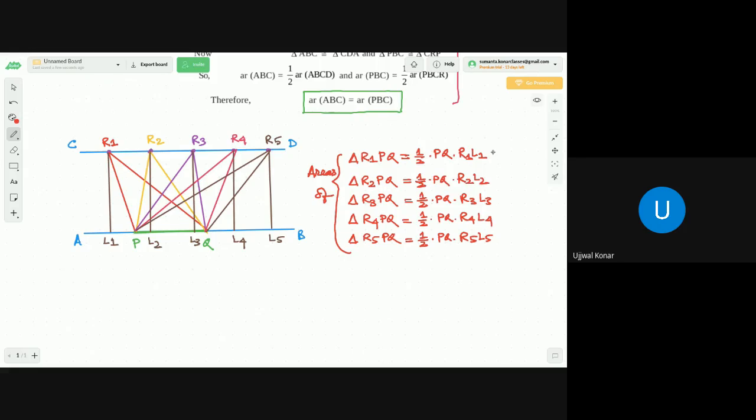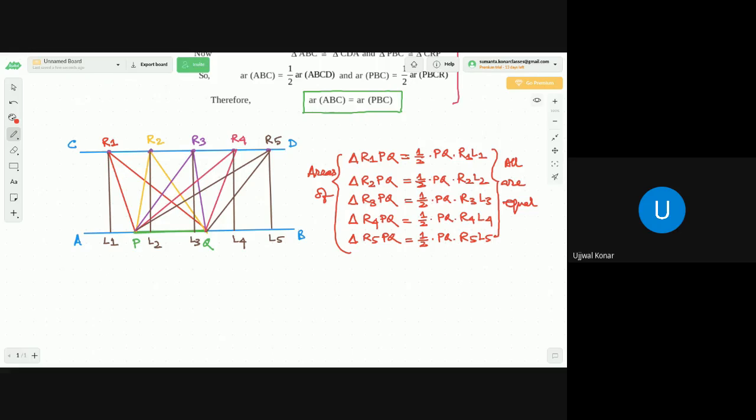Do you agree with me? Yes, sir. So this is another way of looking into it, just applying our fundamental knowledge of area of a triangle, that half into base into altitude.